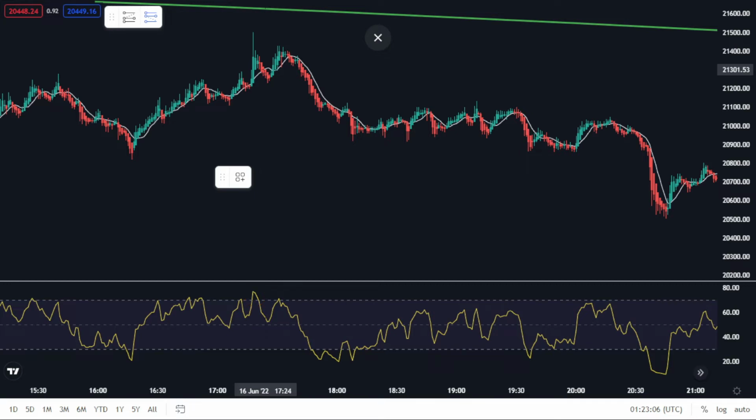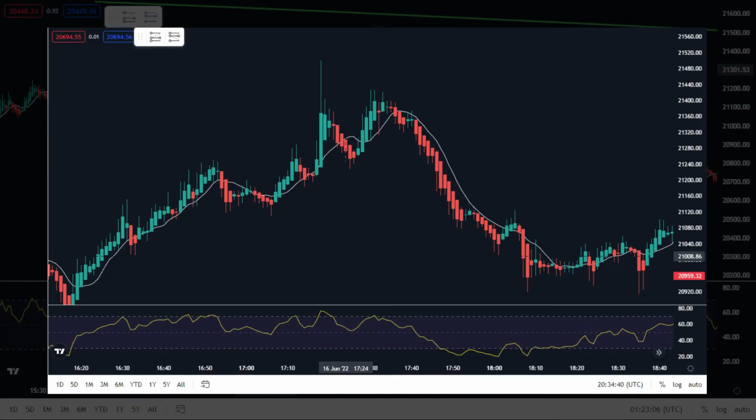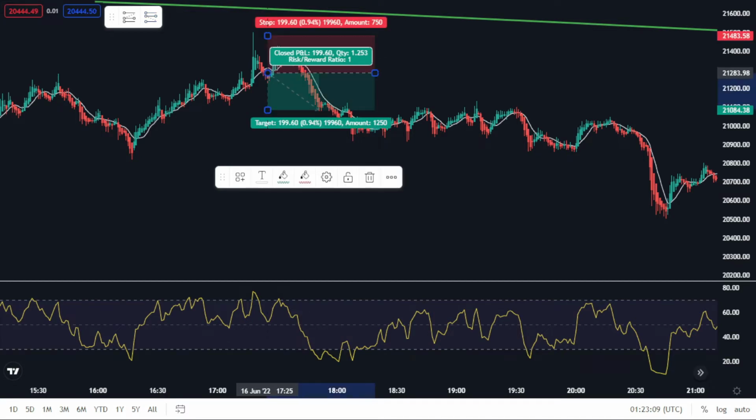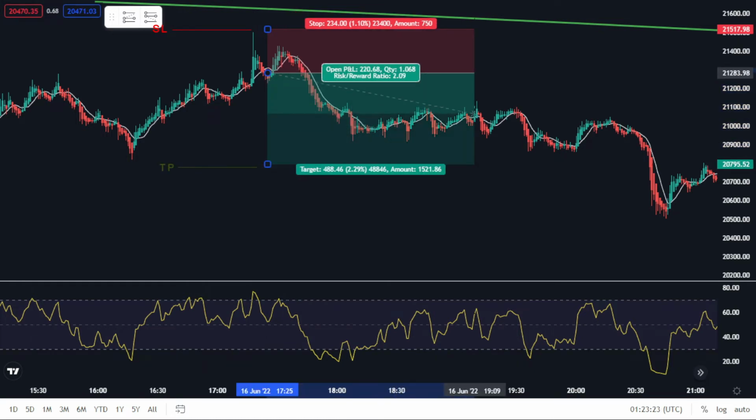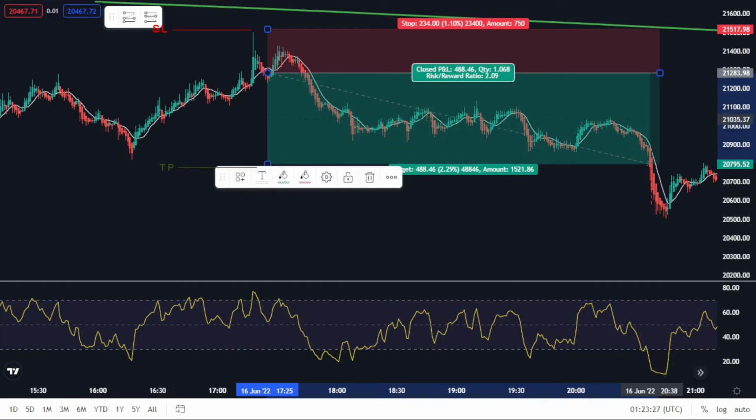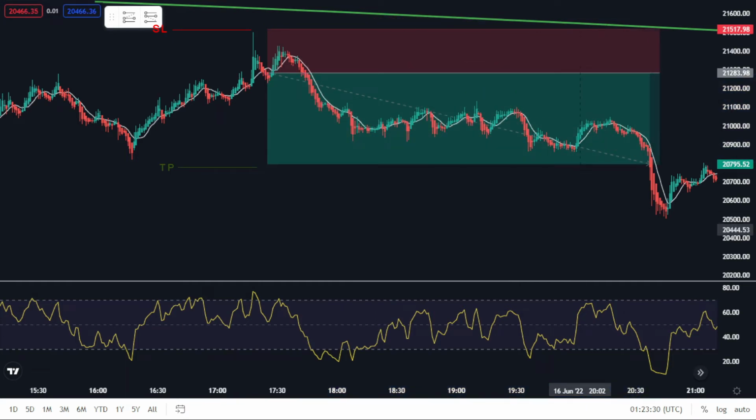The last step is to time our entry. If we zoom into the chart, we can see a red candle closing below the fast moving average. And this is all the confirmation we need to open our trade. Let's set our stop loss above the last peak, and we simply target a risk to reward ratio of 2 to 1. And we can see that we managed to hit our take profit.